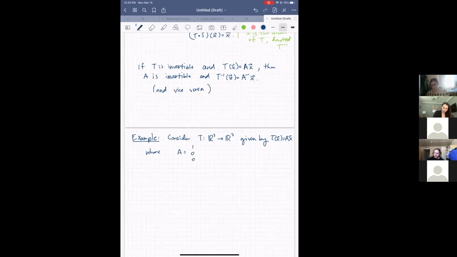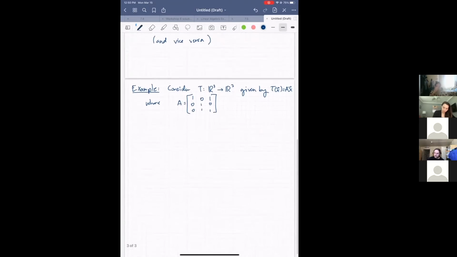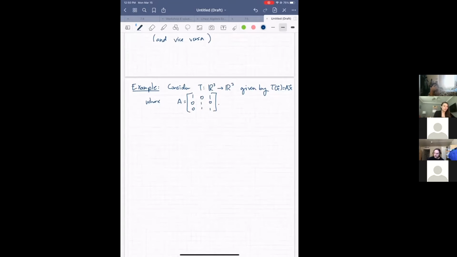So 1, 0, 0, 0, 1, 1, 1, 0, 1, like so. And the question is: is T invertible? And if so, find T inverse.